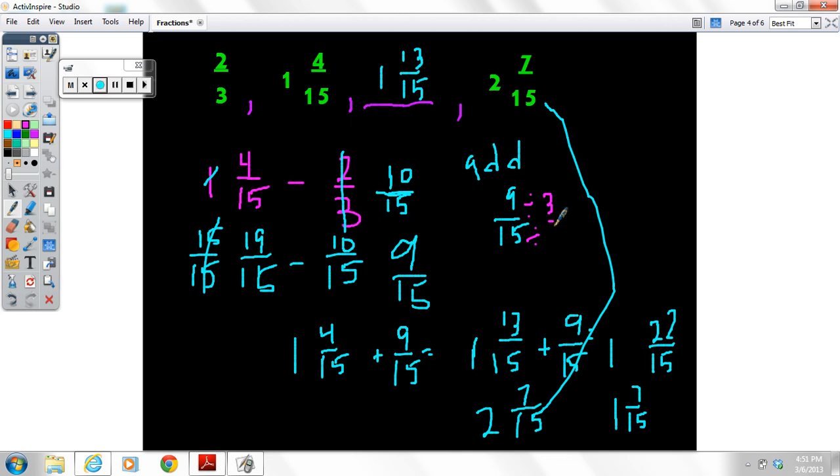If I take the 9 and divide it by 3, I get 3. And if I take the 15 divided by 3, I get 5. So in reality, the rule isn't add 9/15. The rule is add 3/5. And that's how you would find the missing term in a sequence of fractions.